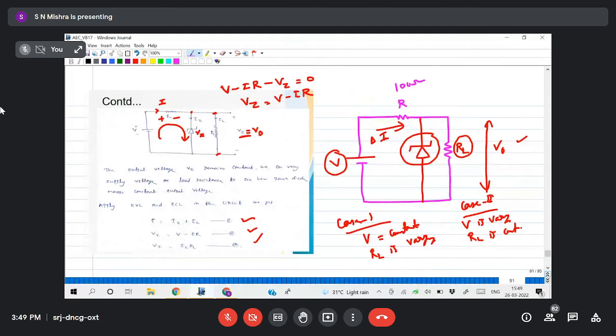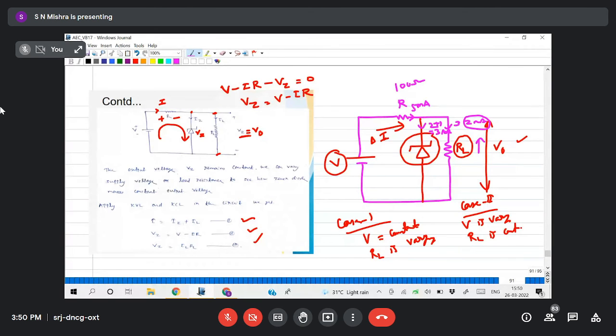Suppose in this circuit 5 milliampere current is flowing, and here 2 and 3 milliampere. Now I am increasing RL so that 2 milliampere will flow. That means 1 milliampere decrease here, so that 1 milliampere will add here. So 3 milliampere will flow in the Zener.